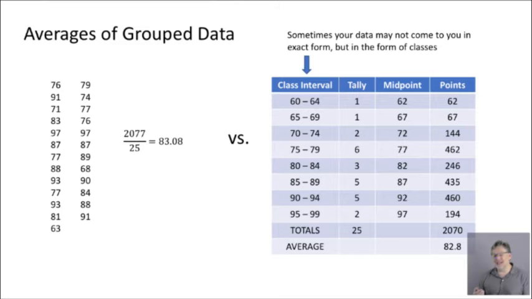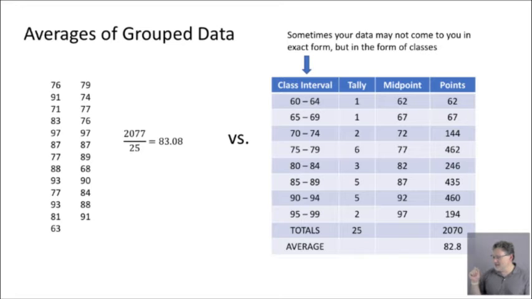So I can still calculate the average value for all of these students, but instead of looking at the raw data, which perhaps I don't have access to, I'm looking at all of these class intervals and representing each test value as being the same as the midpoint.